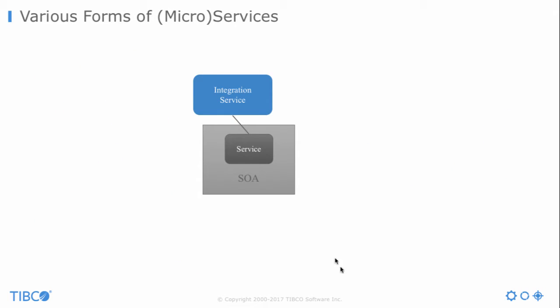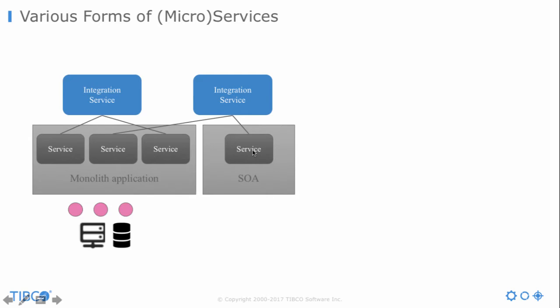There are various forms of microservices. Here we see the SOA with different services. This is SOAP or REST or messaging services. Then we build integration services which orchestrate different SOA services. But we also have monolith applications which cannot be split up, like legacy mainframes, for example, or any proprietary solution which you simply cannot change anymore.